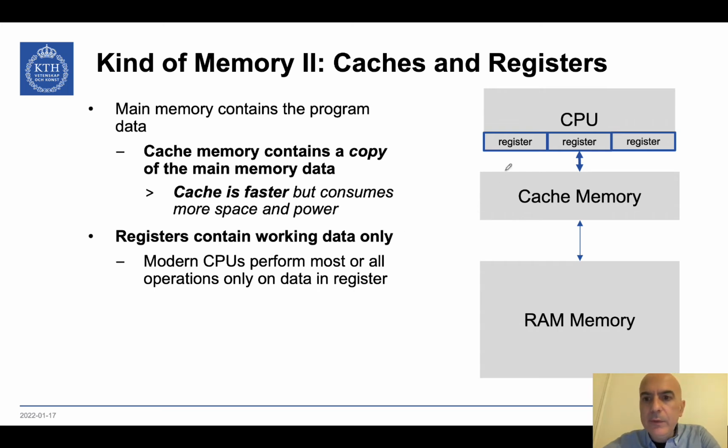Another kind of memory on the CPU is the cache memory. The cache memory contains a copy of the data that is in the main memory.